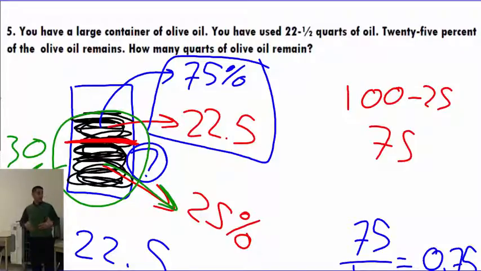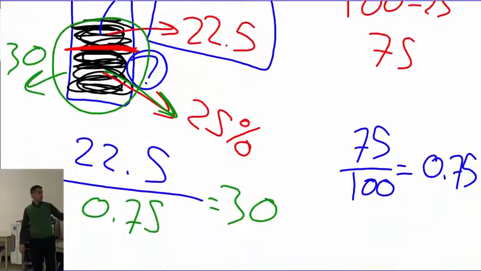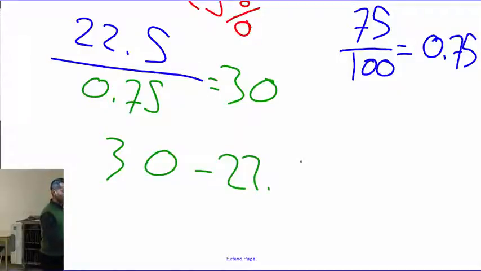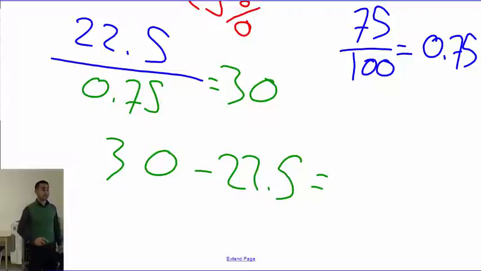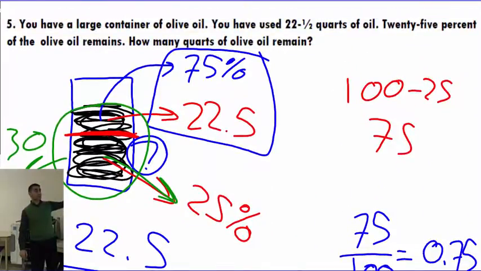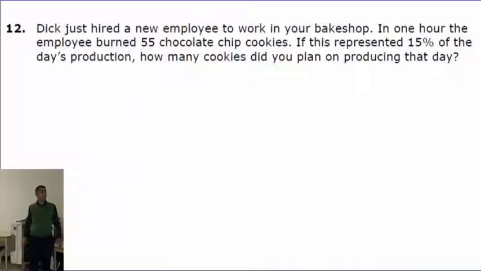So now I have to find out that everything is 30 and I have used 22.5. So subtract that, you will be getting 7.5. Am I done? No. Sentence needed here. So I'm going to write down 7.5 quarts of oil remains. So that's the answer.